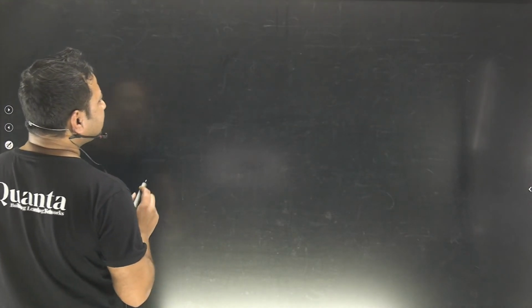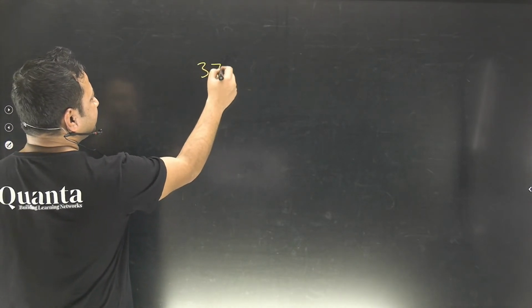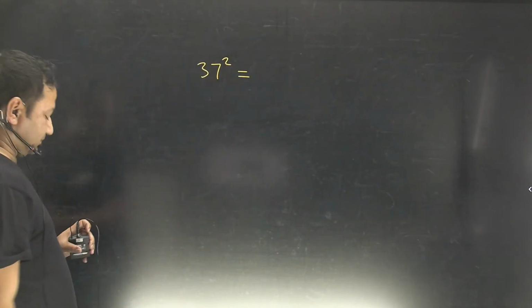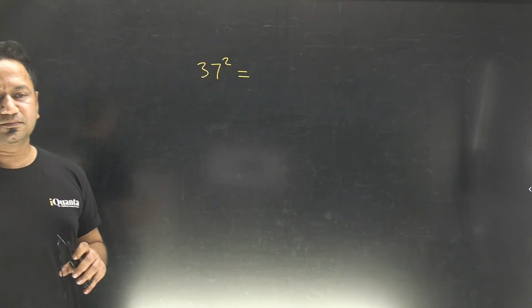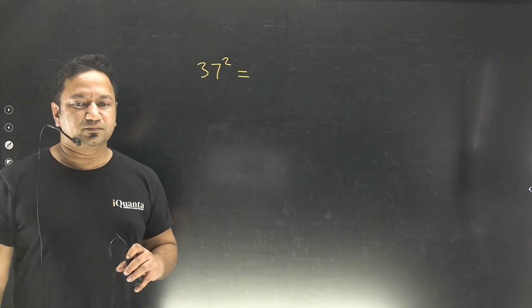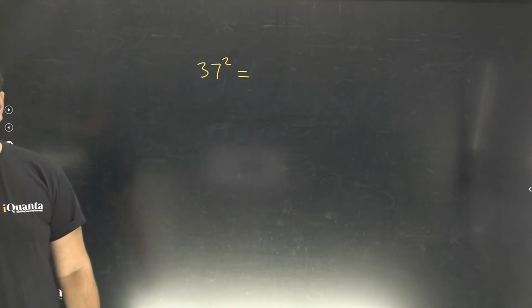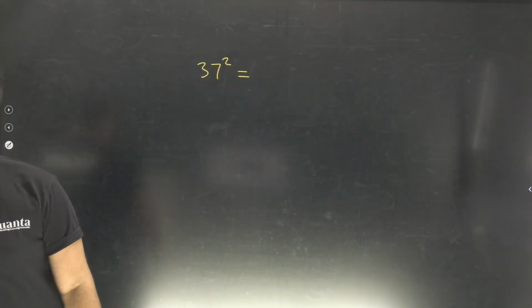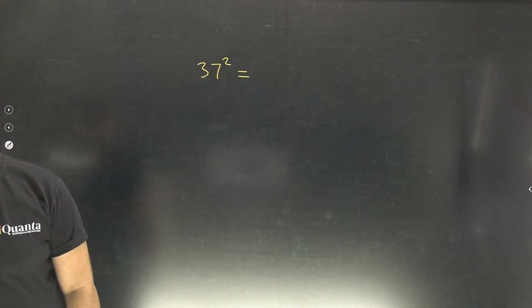So tell me the square of 37. 37. Abhigyan, yeah, we'll do that also. Let's do 37 first.